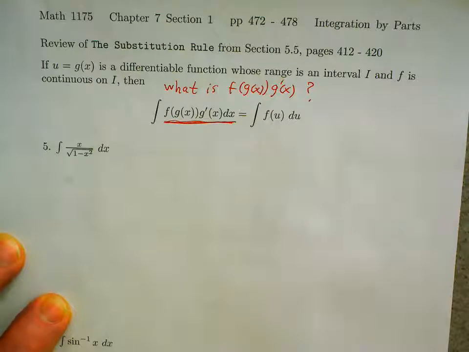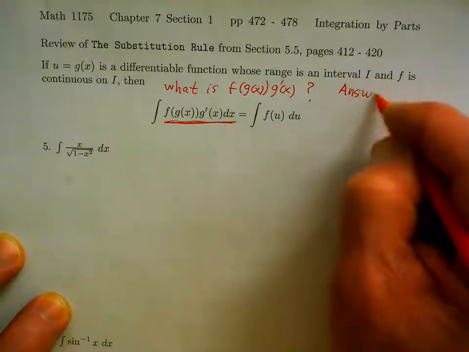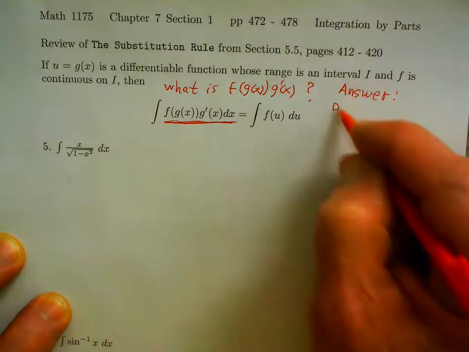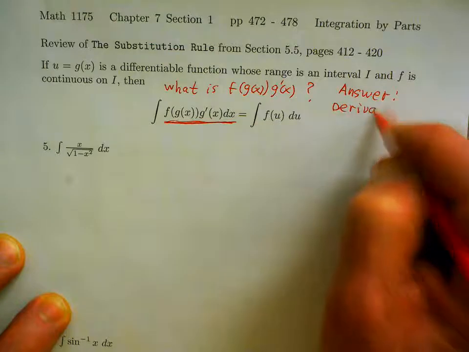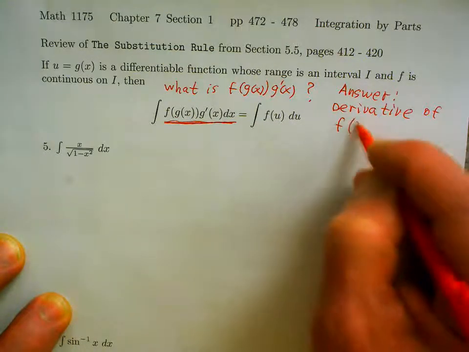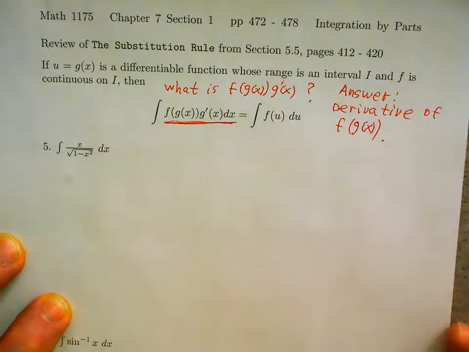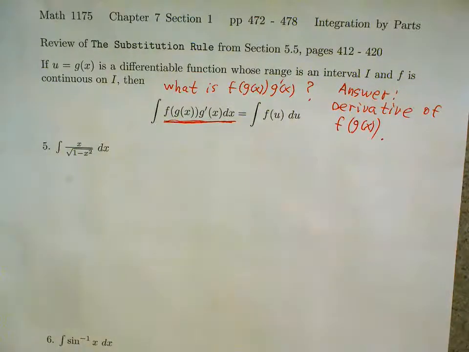It's the derivative of f of g of x. Yeah. So the answer is the derivative of f of g of x by the chain rule, if you remember. So that's an important differentiation rule to review.